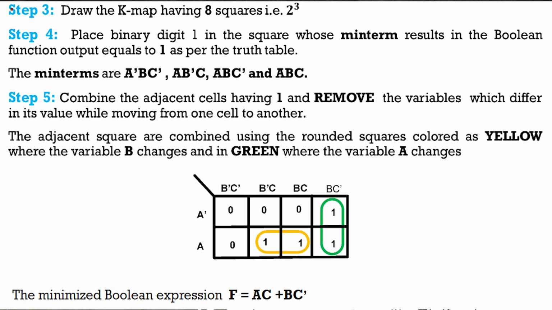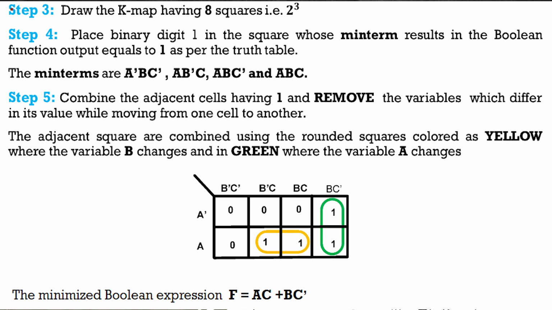So I have combined the ones. You can see that I used a green circle and another circle in yellow. The adjacent squares are combined using the rounded squares colored yellow.